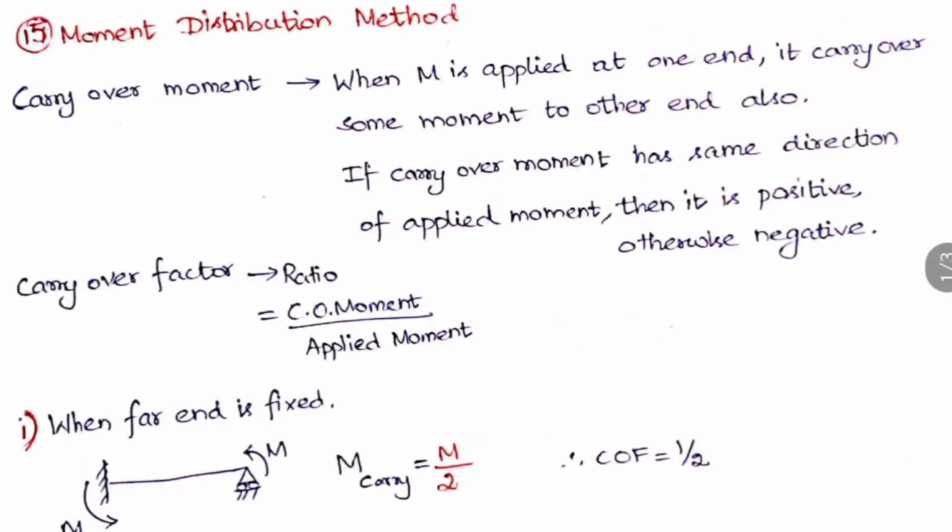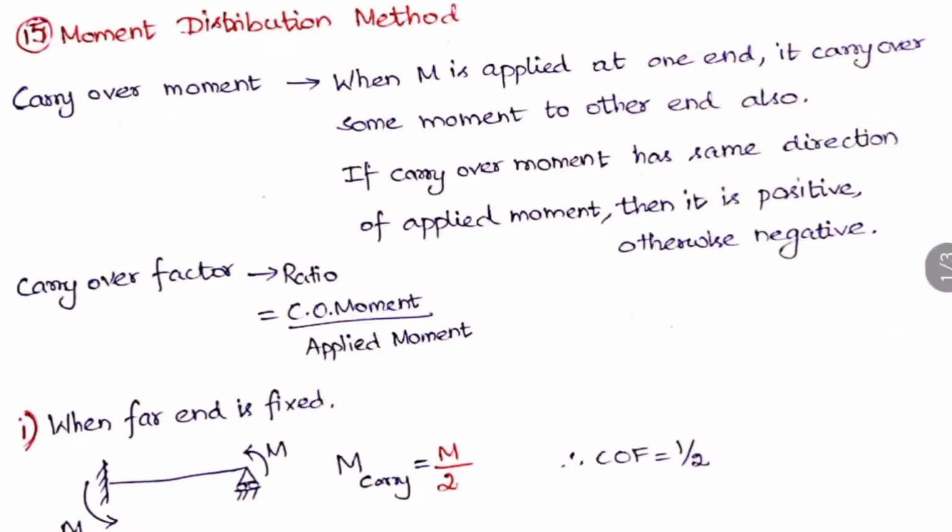If we apply 50 kilonewton and on the other end we experience only 25 kilonewton, then the carryover factor will be 25 by 50, so it is 1 by 2, or 0.5. So this is the main concept, carryover moment and carryover factor.